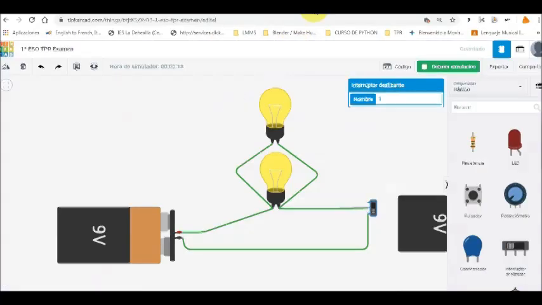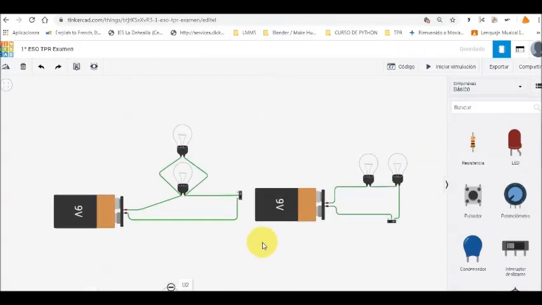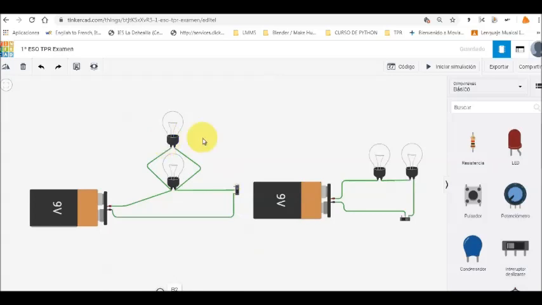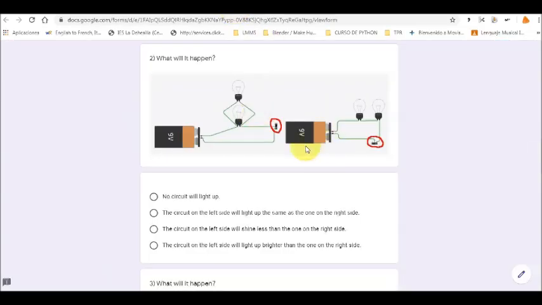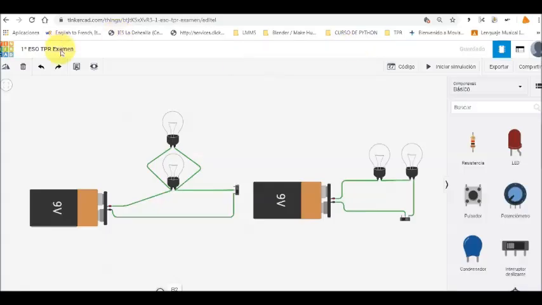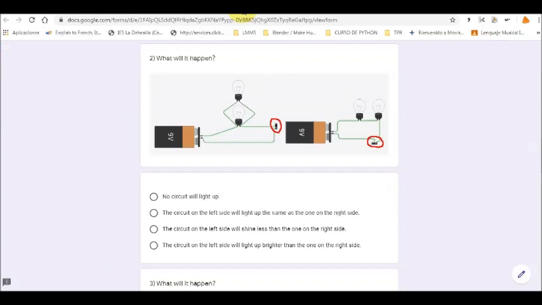There are two circuits. In this situation, I'm going to stop the simulation to show you what I want to explain. These are the same two circuits. I took that picture from this Tinkercad file, right? So these are the two circuits that we are going to compare in this exercise.